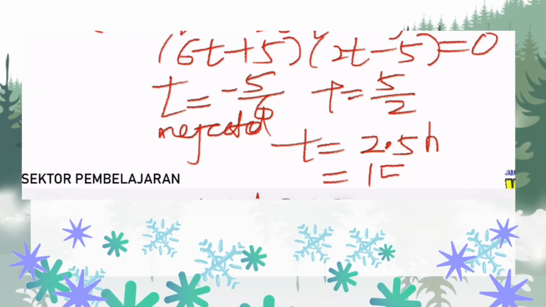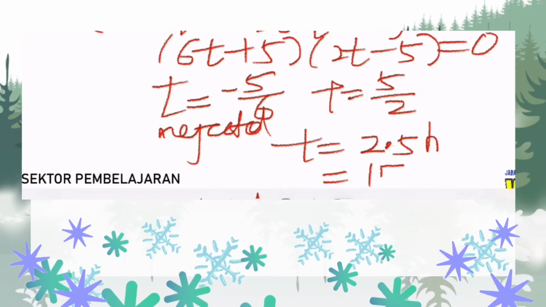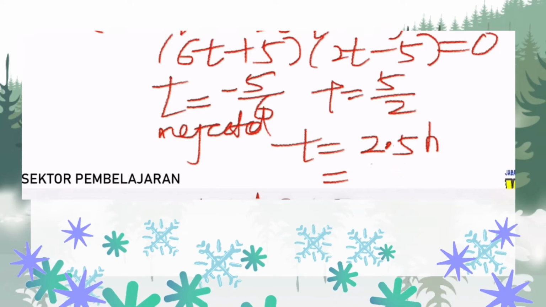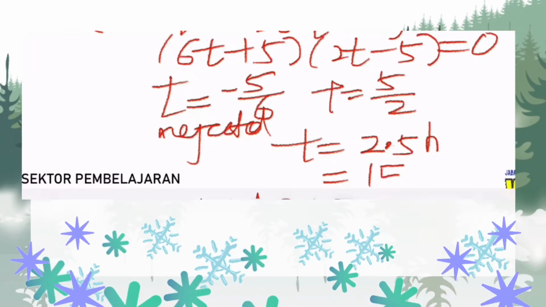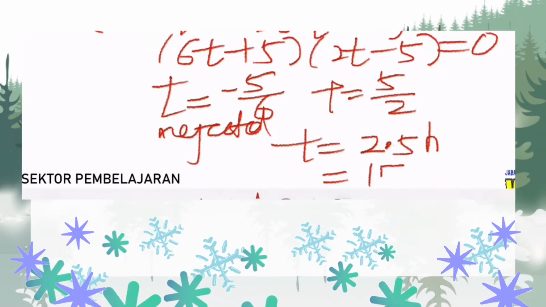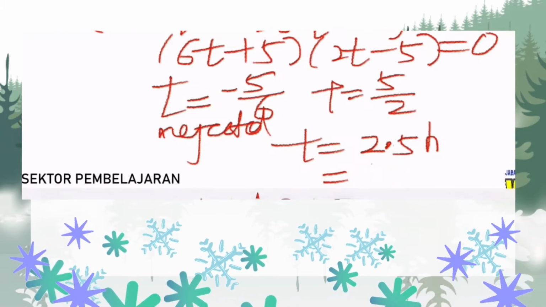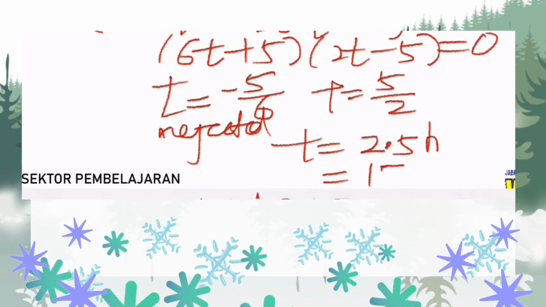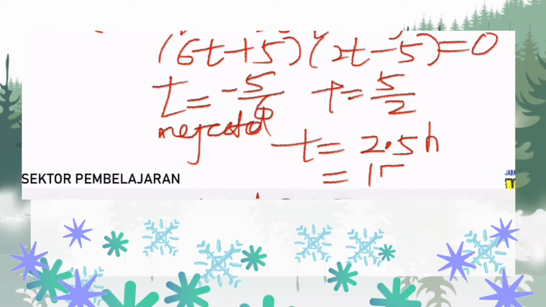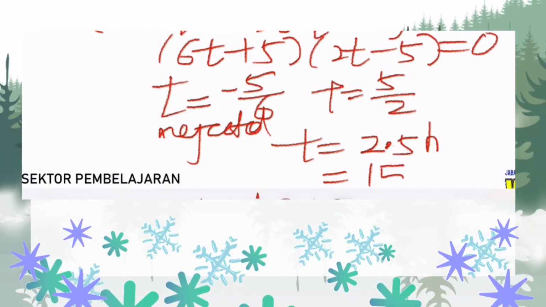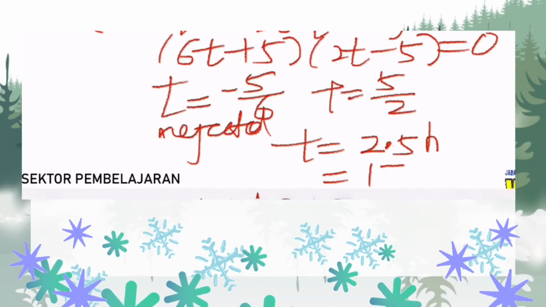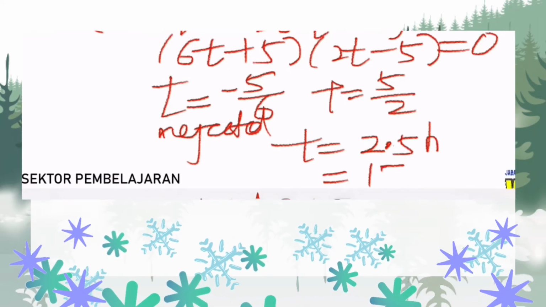Time taken for the journey, just now we found, is 150 minutes, which is 2.5 hours, and there will be 30 minutes because the car stops. So 30 minutes is 0.5 hours. Because we are asked to give the answer in kilometers per hour, we must make sure we convert to hours before we divide. So the average speed is 62.5 kilometers per hour.